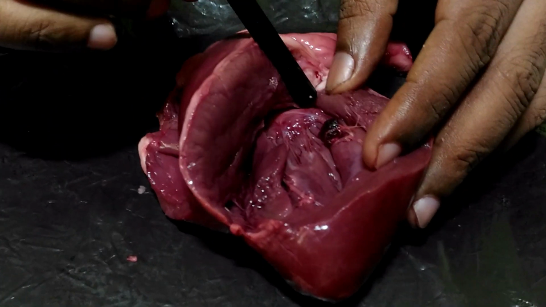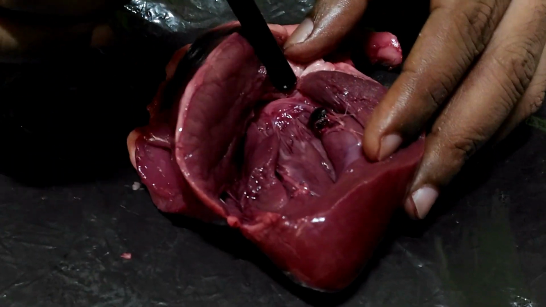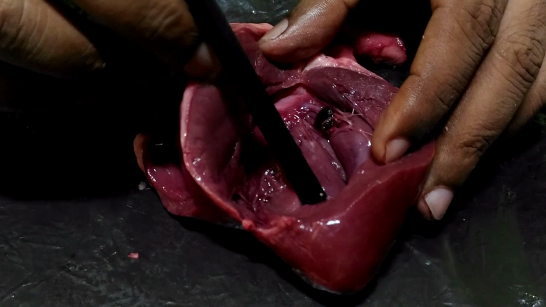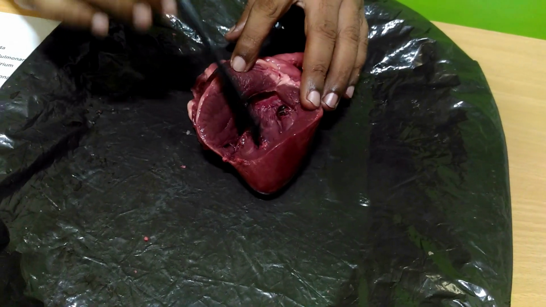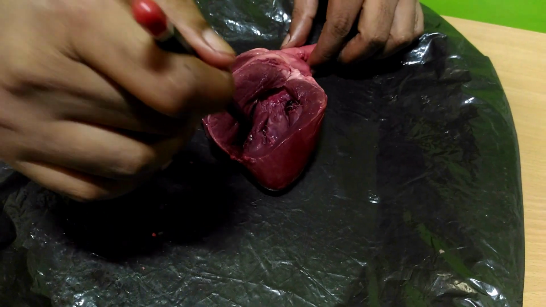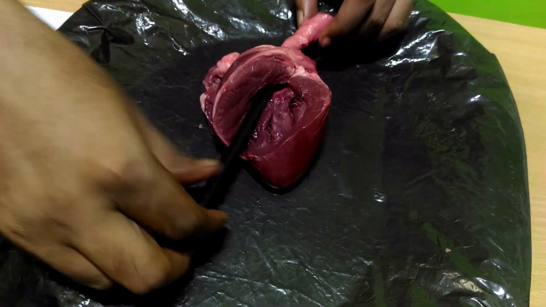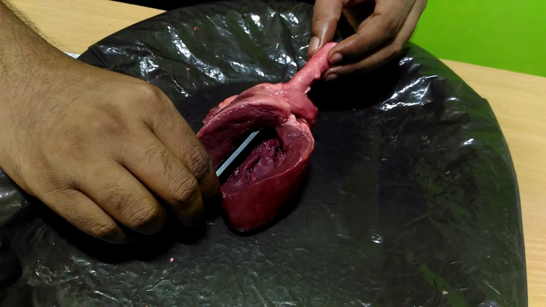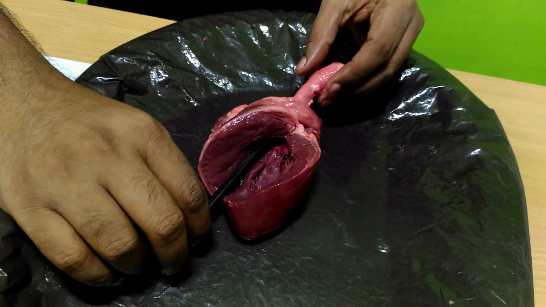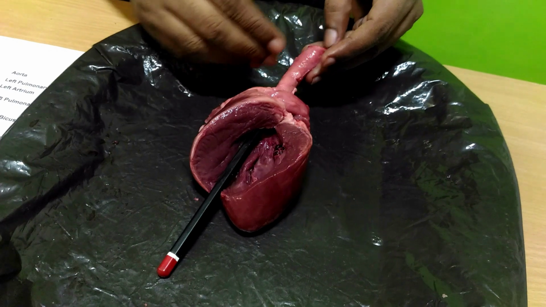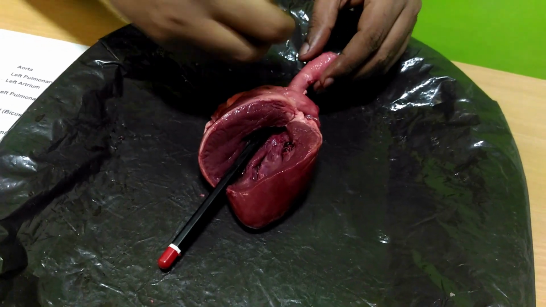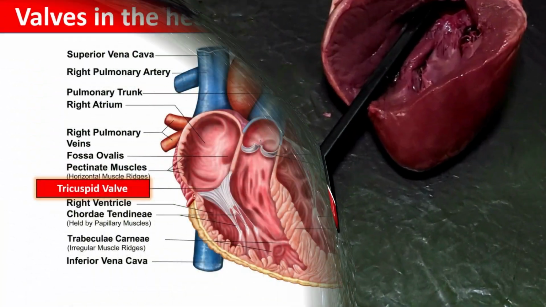From the left atrium, blood will enter the left ventricle. From the left ventricle, the blood will enter this aorta. This is the biggest blood vessel that we have in our body. So it comes to this aorta. From here, the blood will go to different parts of the body.